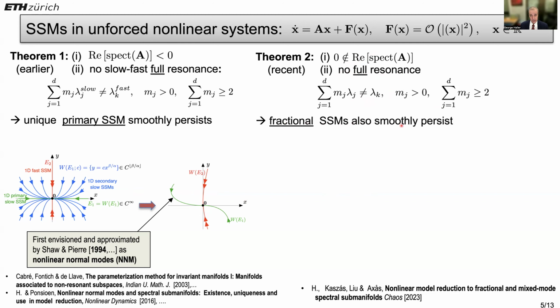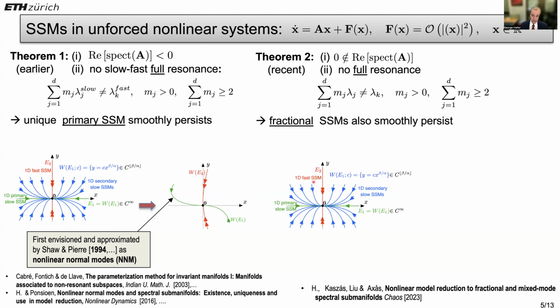So the fractional SSMs also smoothly persist. So if this was the linear picture, then when you add the nonlinear terms, you can just imagine a smooth deformation of this, which is probably not surprising at all. However, we now have explicit functional forms for these. We know exactly how smooth they are, and we know what functional form we should be looking for.